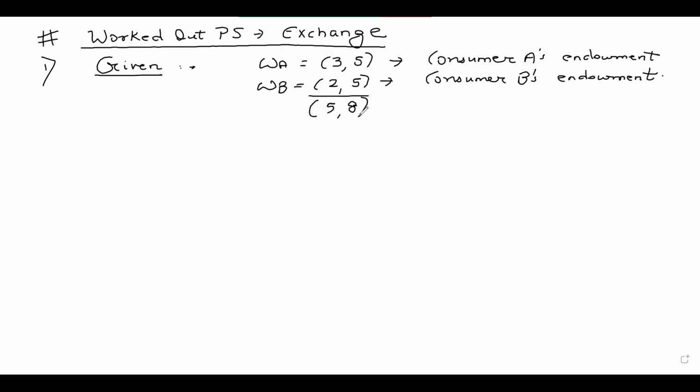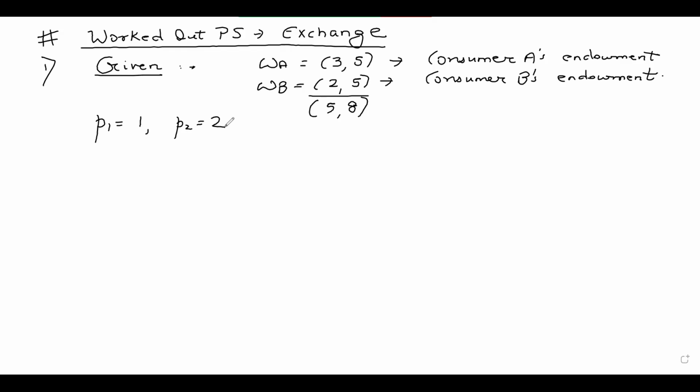Let's draw the Edgeworth box and figure out how the endowment will be located in it. Regarding the budget line, we are given the prices: P1 is 1 and P2 is 2.